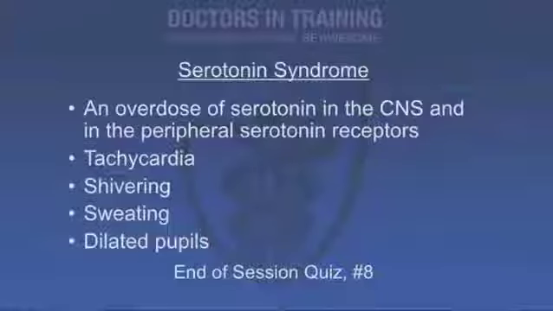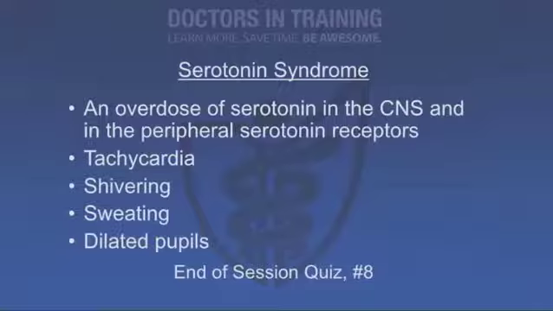What is serotonin syndrome, and how do you manage it? We've talked about this already before. Serotonin syndrome, remember, is not really so much a syndrome as an overdose situation. It's a toxicity or a poisoning of too much serotonin in the body, affecting not just the CNS but also the peripheral serotonin receptors.